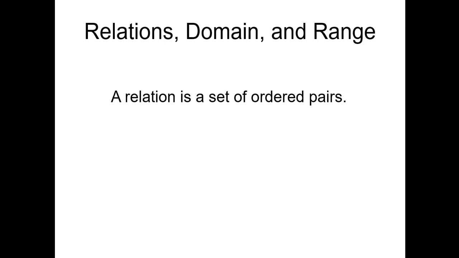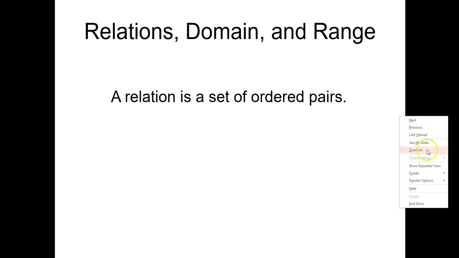A relation is a set of ordered pairs. You can see relations expressed all kinds of ways. Let me write down a couple of different possibilities of how you can see this.